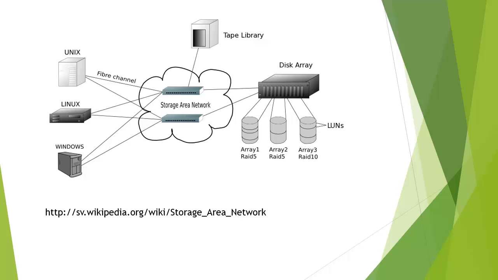So here we have a typical demonstration of how a SAN communicates to its environment. Now this slide shows a fibre channel. That's where the SAN or disk array communicates with the hosts, which could be a hypervisor type host, so a Hyper-V or VMware, or it could connect to what we would call physical servers that have got an operating system stored directly on there.